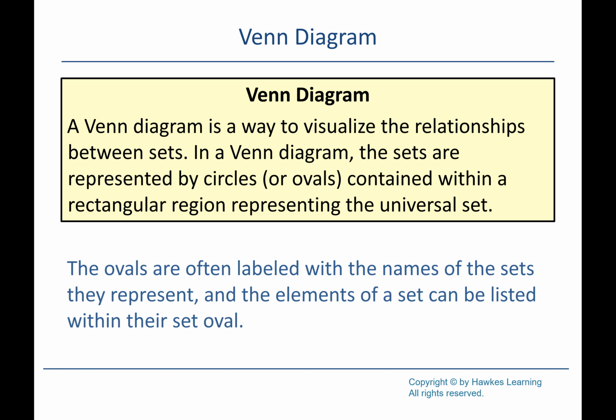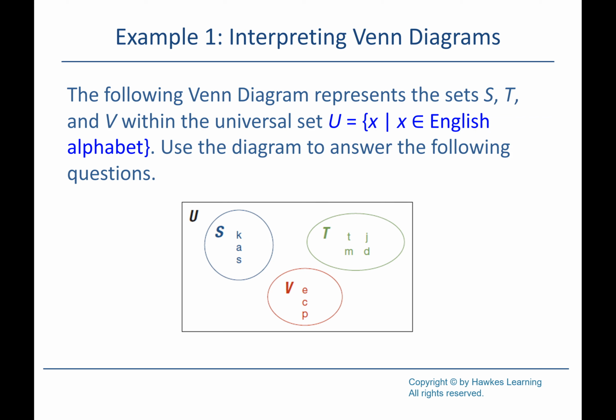Usually, we'll label our circles or ovals. So here, this circle on the left, we would say that's set S. And then the elements or the members in set S are the letters K, A, and S. So we've got a few questions we want to answer using this Venn diagram.